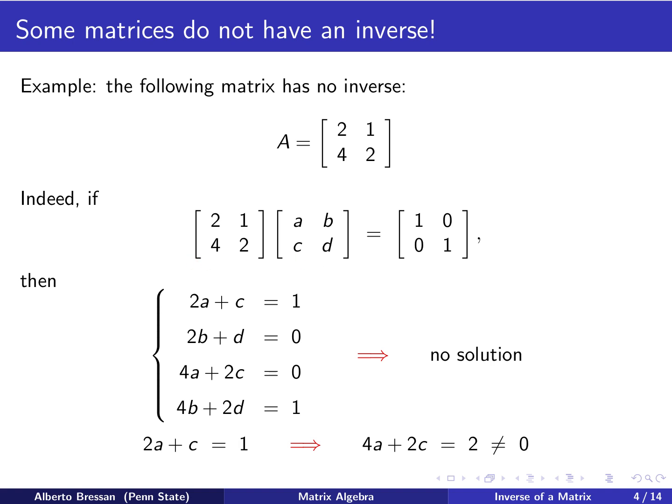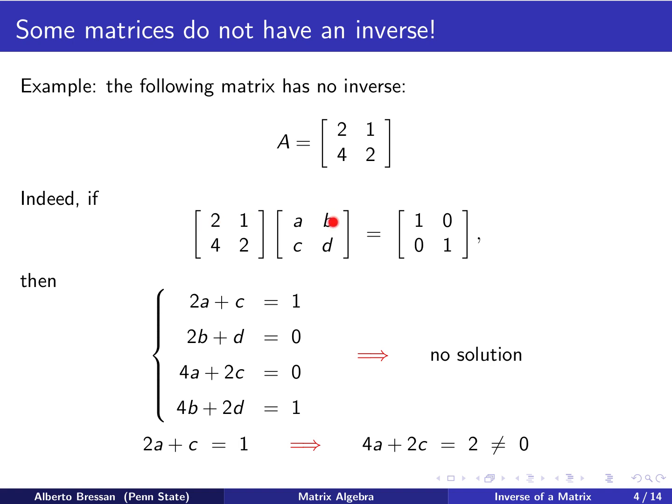So A times the inverse must equal the identity, which means that if you carry out this multiplication, the 4 elements there must be these 4. And therefore we can write out 4 equations. The first one: first row, first column should add up to be 1, so I get 2a plus c equals 1.